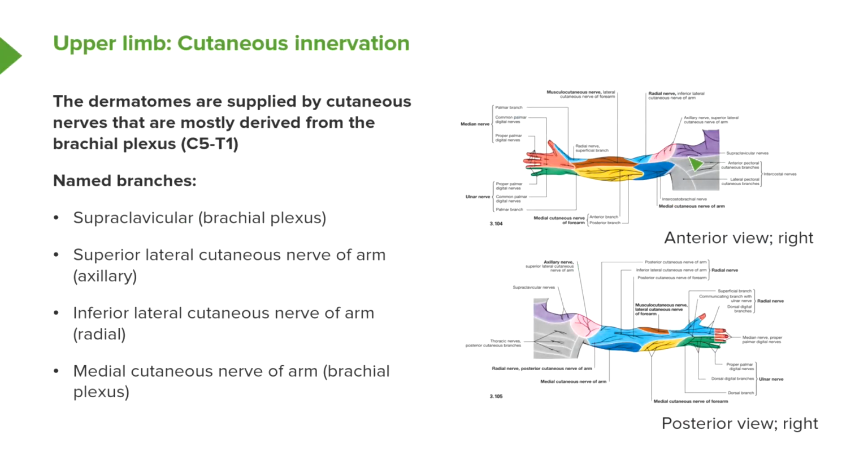And what you can see is that here we've got a very similar map to the dermatomal distribution from the previous slides. Here we've got a right upper limb anterior view, we've got a right upper limb posterior view. And you can see that the various nerves that supply the dermatomes are named, and these can be quite confusing. So we can see up in this region some supraclavicular nerves.